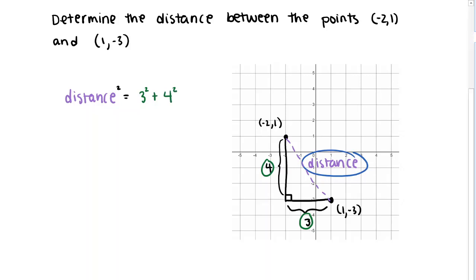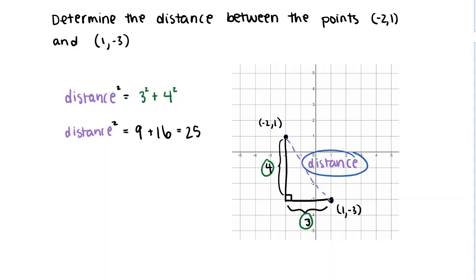Right, so here our distance squared comes out to be, well, 3 squared is 9, and 4 squared is 16, so that's 25.